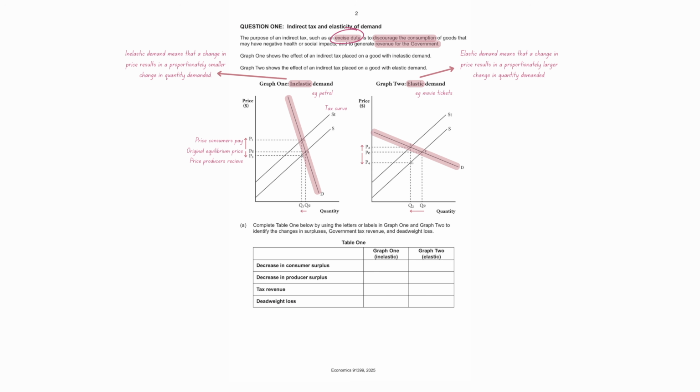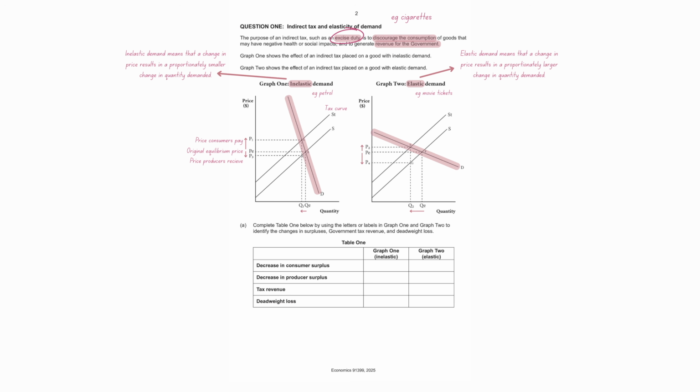So basically what happens with the tax is that the government tells the company, let's pick an imaginary item for this. Graph 1 is looking at, say, cigarettes. The government tells the cigarette company, we're going to charge a tax for every pack of cigarettes that you sell, and you have to make sure that you pay an extra $2 whenever you sell a pack of cigarettes. It's now up to the cigarette company to decide how they want to fund the money for the tax.